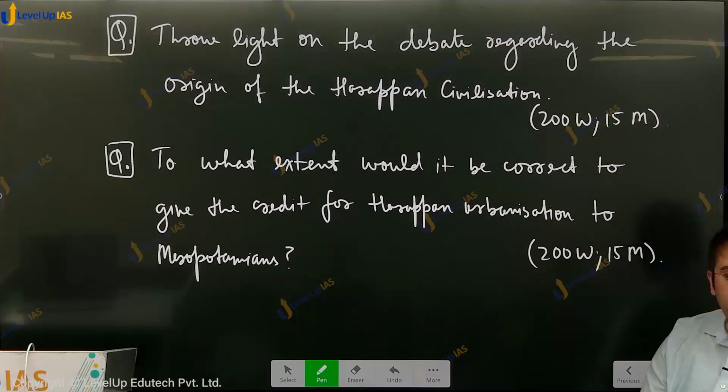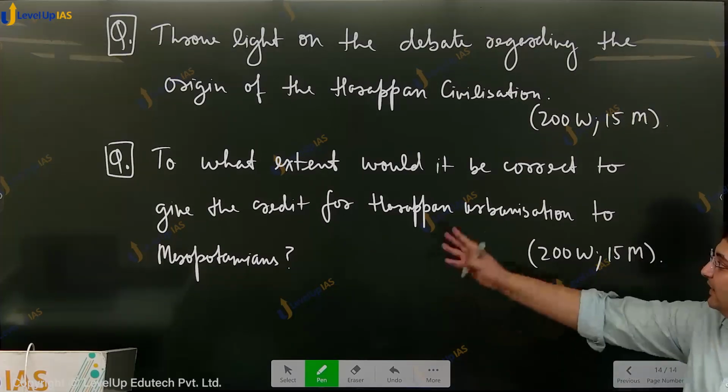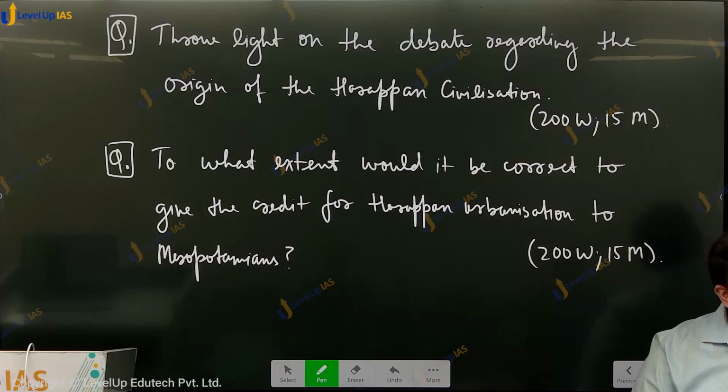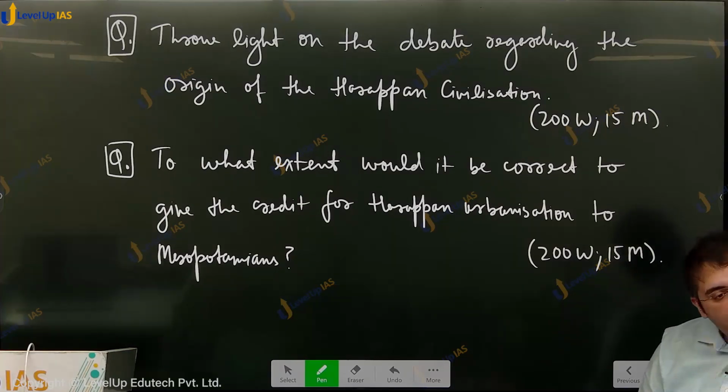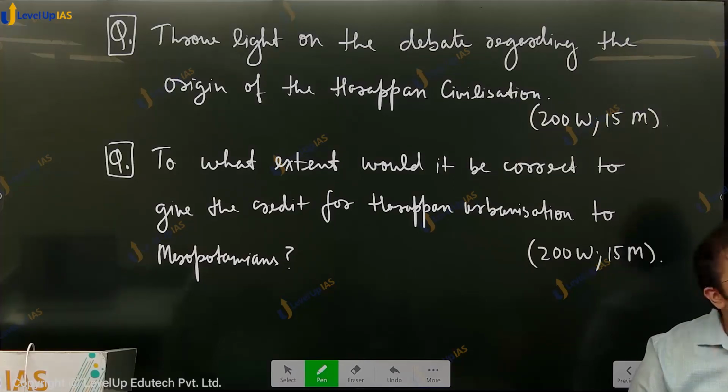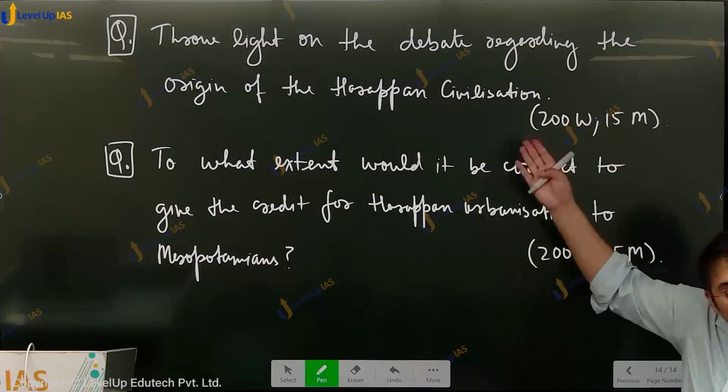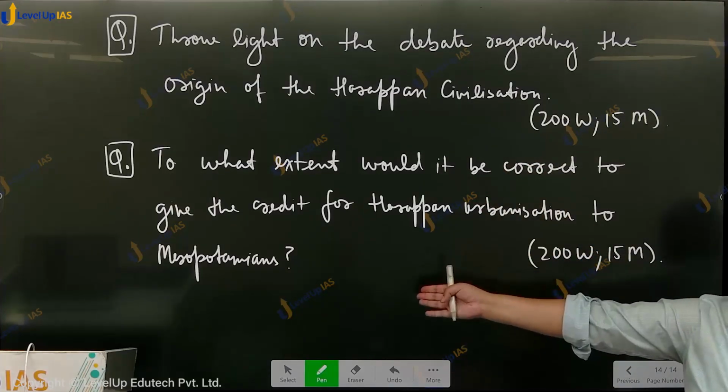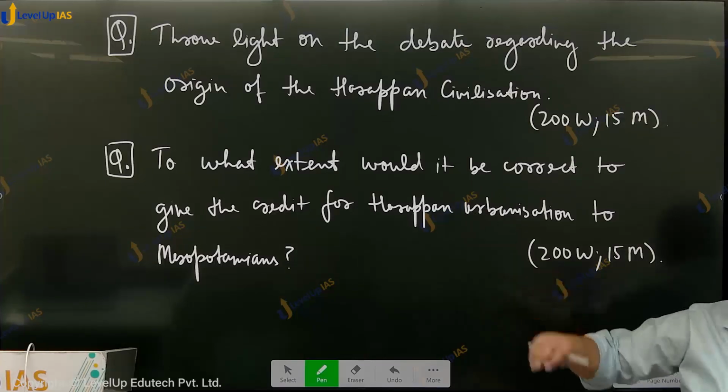That is what the question expects you to do, but UPSC does not word it this way just to make you feel good: to what extent do you think, or would it be correct? You actually have to provide the actual opinion that is expressed by the scholars, but you have to present it as if it is the logical conclusion of all the arguments that you have made in the preceding part of your answer. ठीक है?